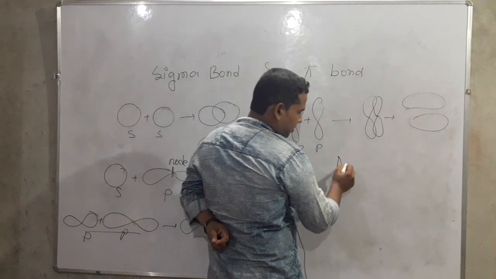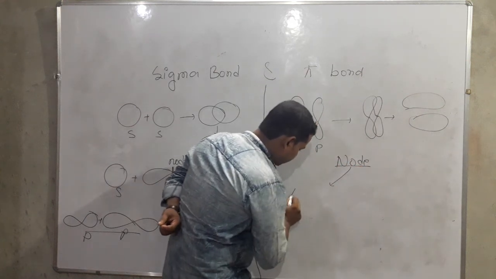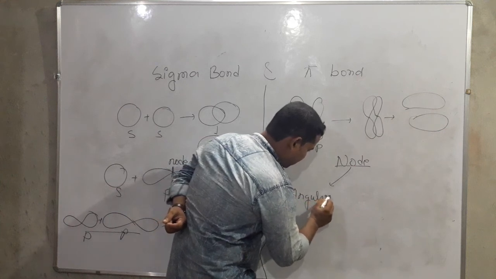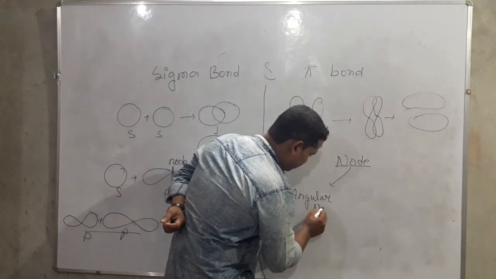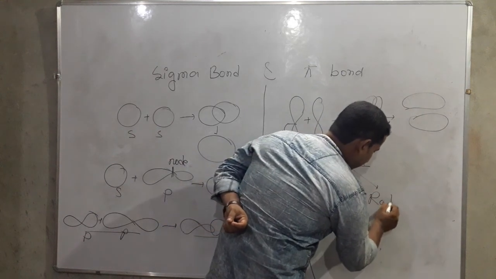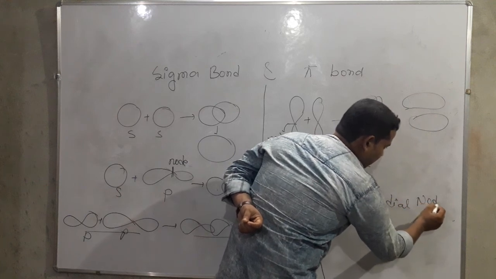Node is basically of two types: one is angular node, another is radial node. Actually node में क्या होता है?